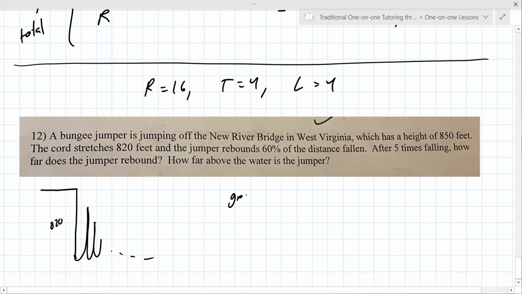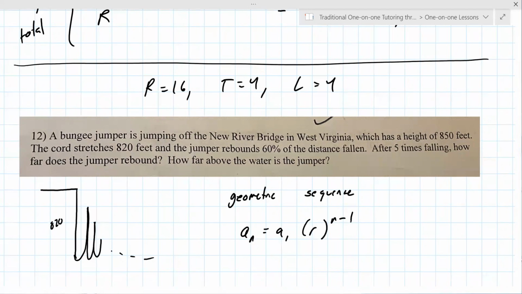This is a geometric sequence. Okay, and if you remember the formula for that, it's a_n equals a_1 times r to the n minus 1 power. So the first time he falls, we've got to be careful here.